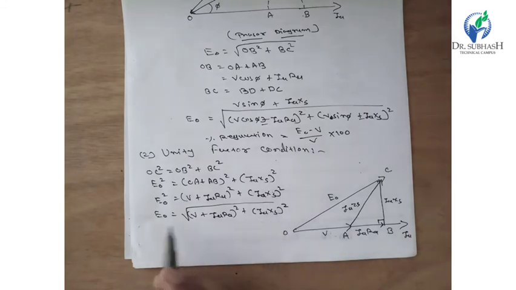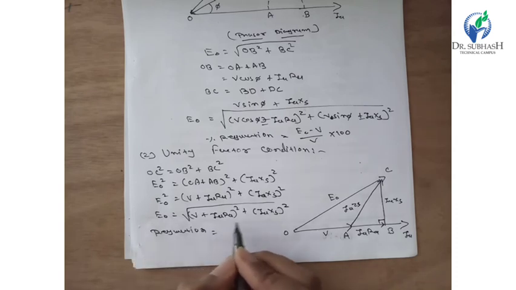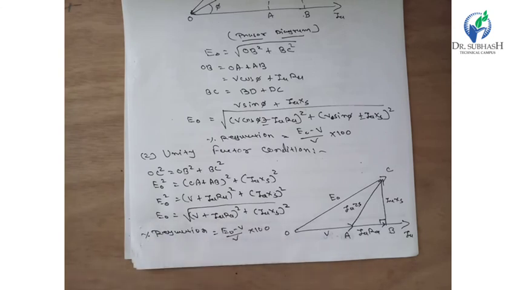This is the EMF value for the unity power factor connection. The regulation is E0 minus V upon V into 100 for the percentage regulation.